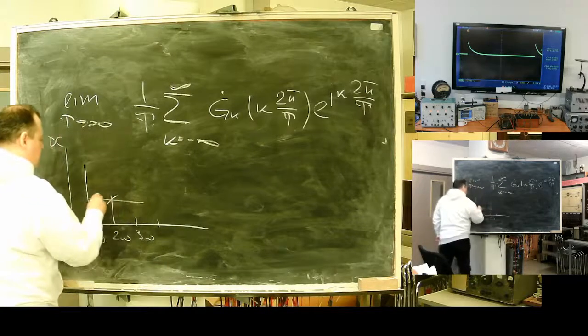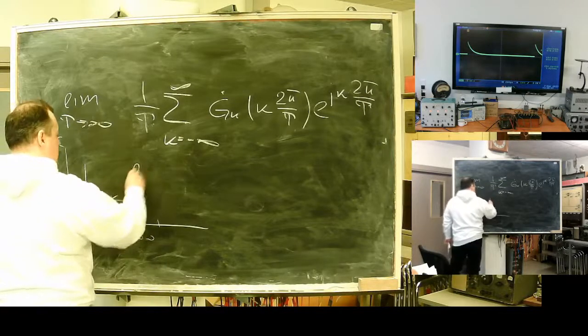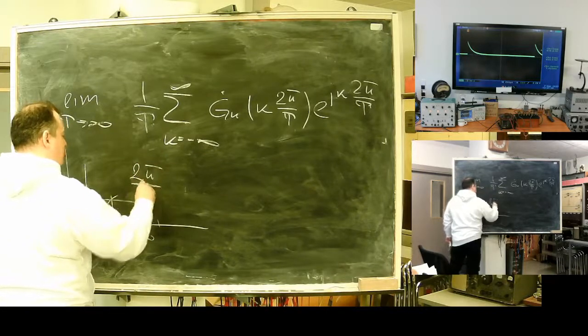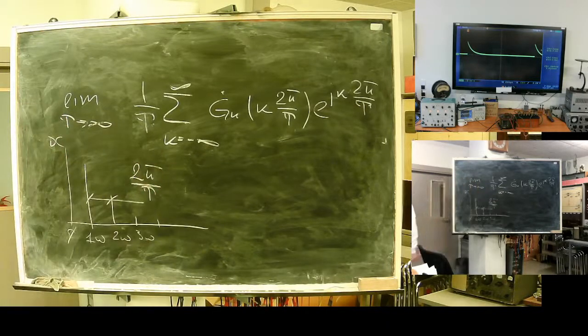The distance between lines is nothing else but 1 divided by the period. They go with the step of 1 frequency: single frequency, double frequency, triple frequency, and so on.